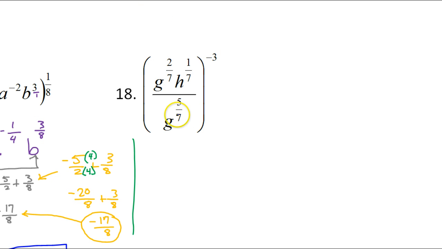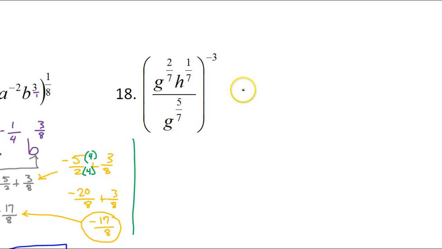All right, let's simplify what we can on the inside of number 18. I see these g's, so I have like bases. So when you have like bases, you can work with the exponents. In this case, I can subtract.